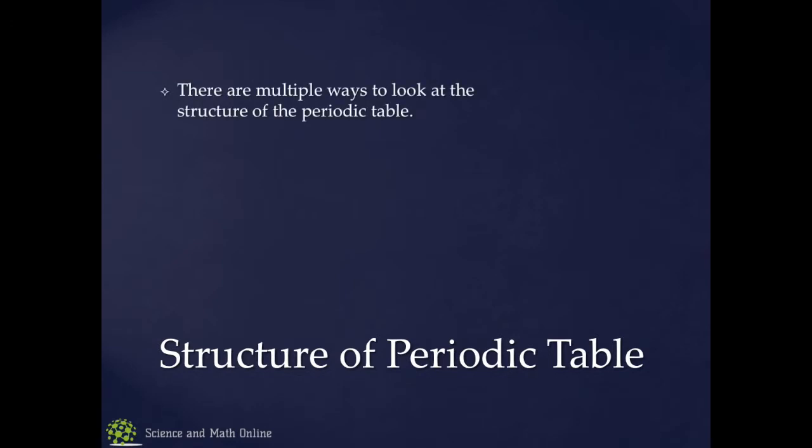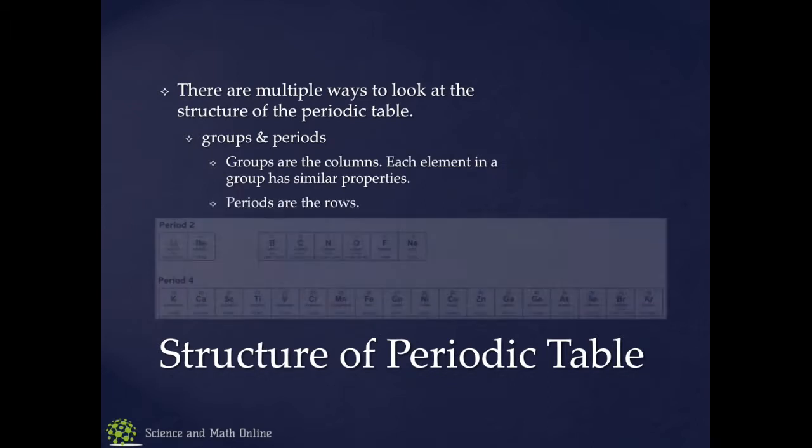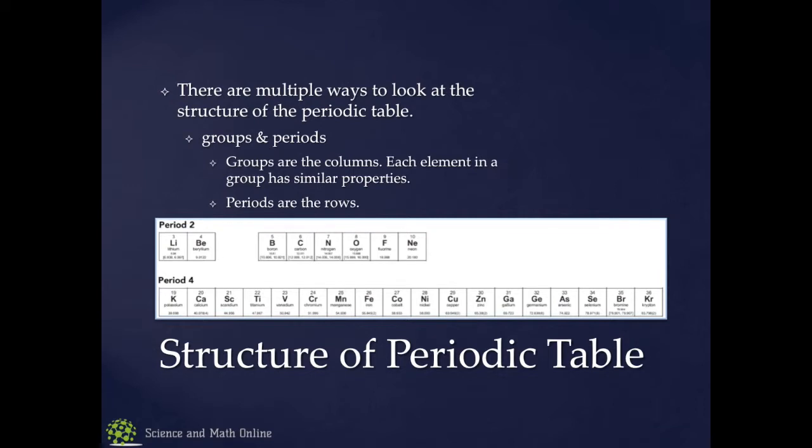There are a lot of different ways to look at the structure. The first way you've got to know is groups and periods. Groups are the columns on the periodic table, and each group has similar properties. Periods are the rows.